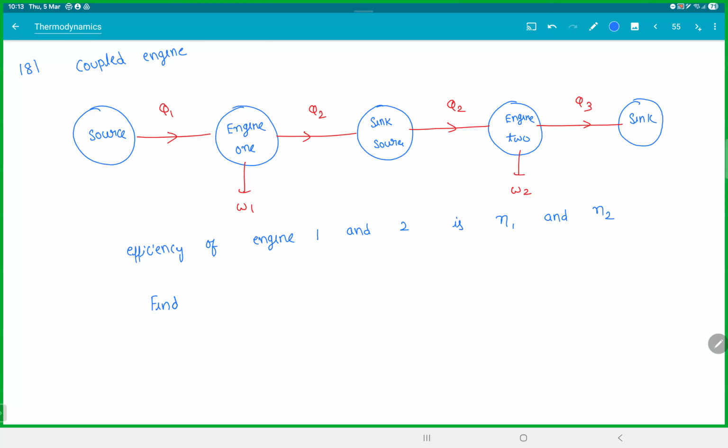So you can say engines in series. Find the efficiency of this coupled engine, or find the efficiency of the system. Answer should come in terms of eta 1, eta 2. So all options will be in terms of eta 1, eta 2. Let's see how will you handle this.